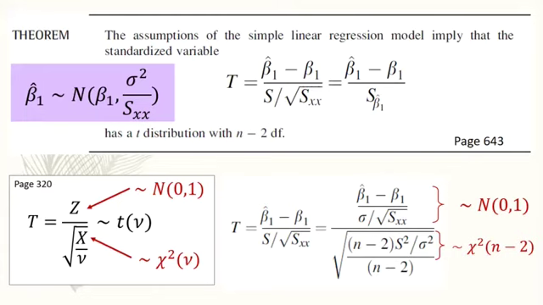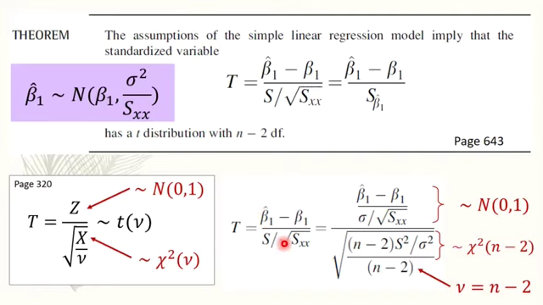This is from chapter 6, so you can recap on that. If you divide by its degrees of freedom, which is n minus 2, then this whole thing will have a t-distribution with n minus 2 degrees of freedom. You can verify yourself that if you cancel the n minus 2's, and the sigmas also cancel, you end up with this result.